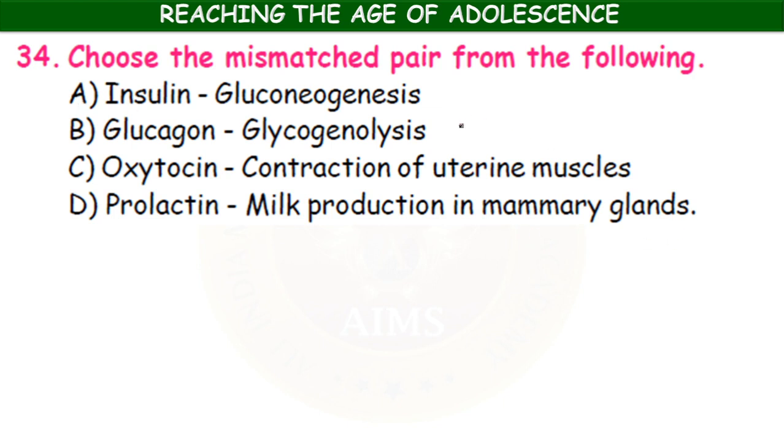Oxytocin and prolactin pairs are right. Here insulin's actual function is to convert the excess of glucose into glycogen. So glycogenesis is the function of insulin. Here gluconeogenesis is given, so this is the mismatched pair.